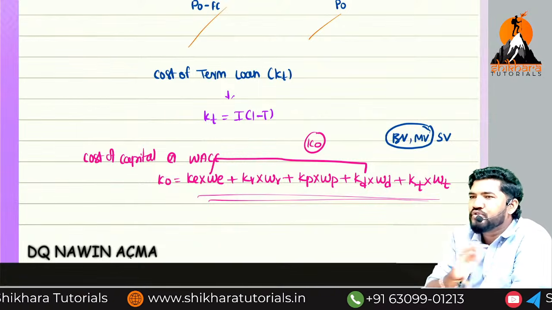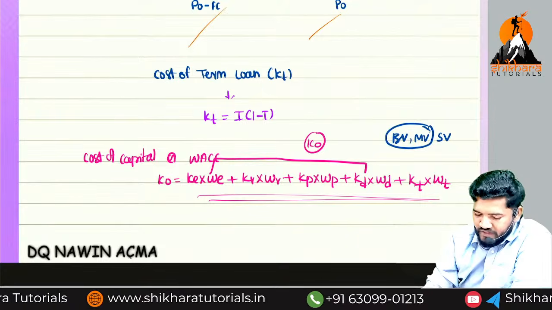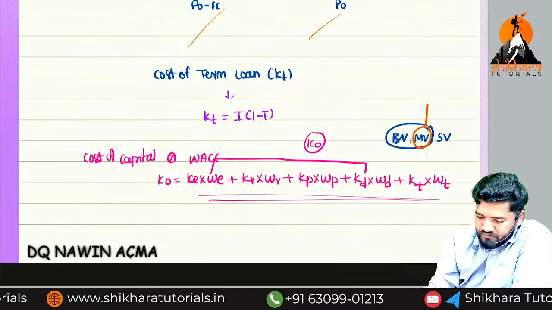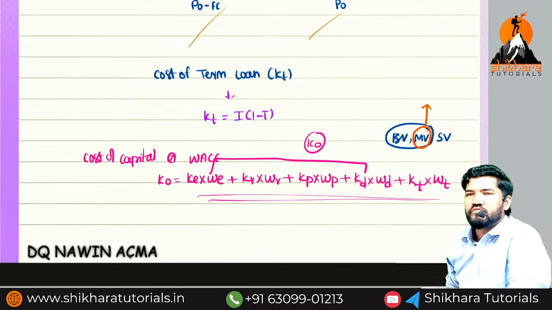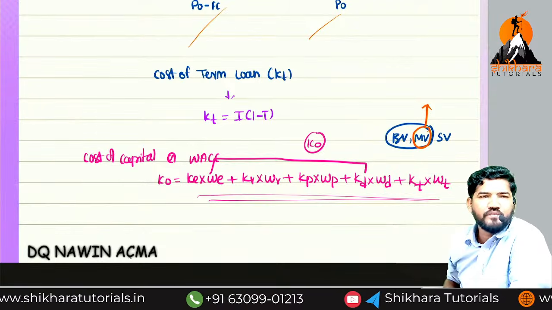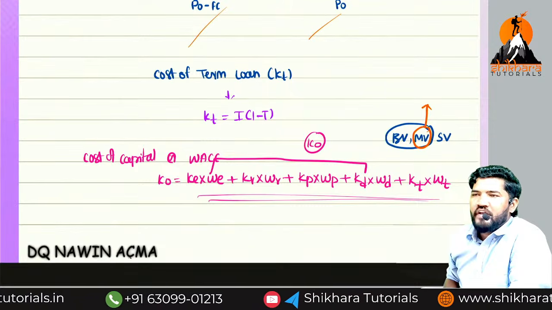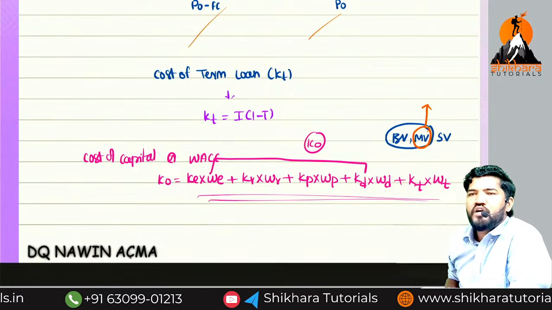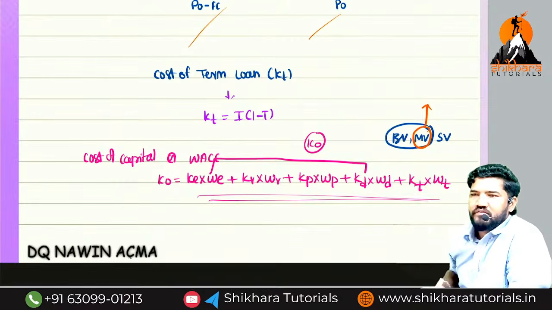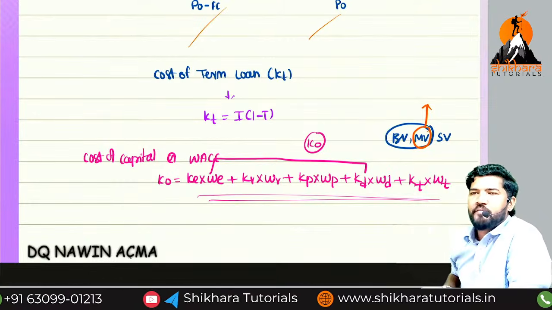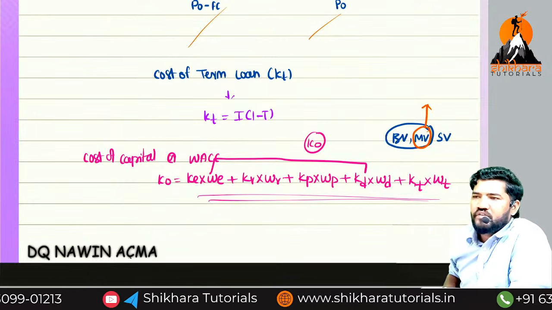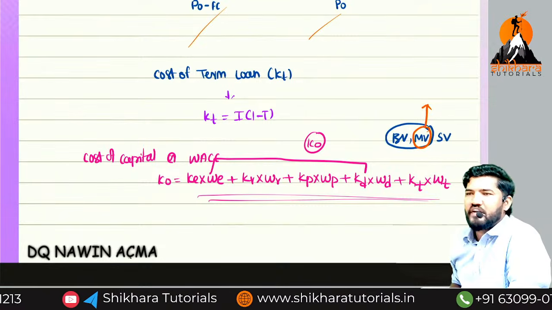There is no issue with the book value, but there is an issue with the market value. There is one small issue in the market value. When it comes to the market value point of view, we do not show retained earnings separately. We club them into one concept called market value of equity. Why? Because how do we calculate market value of equity?